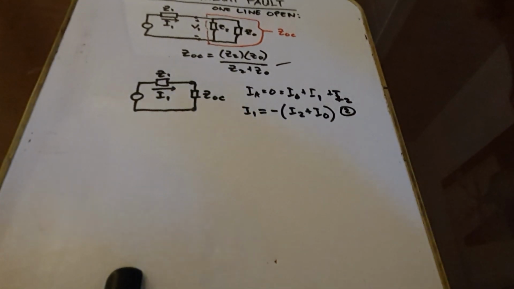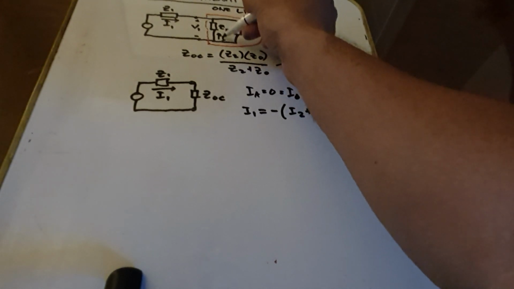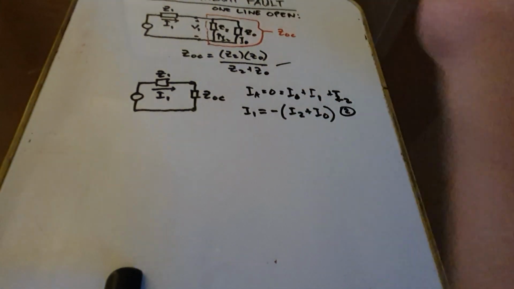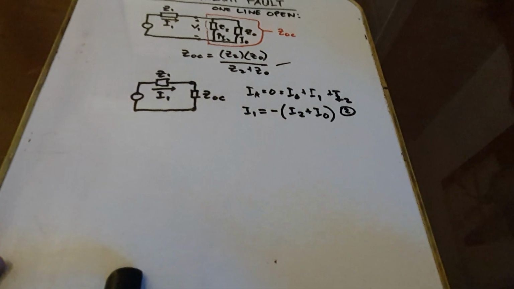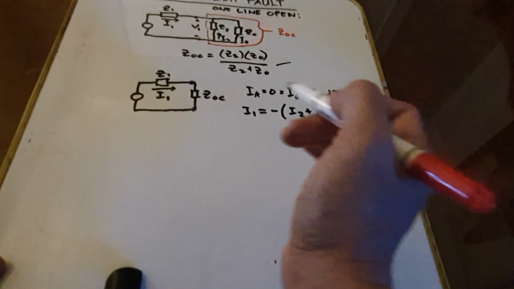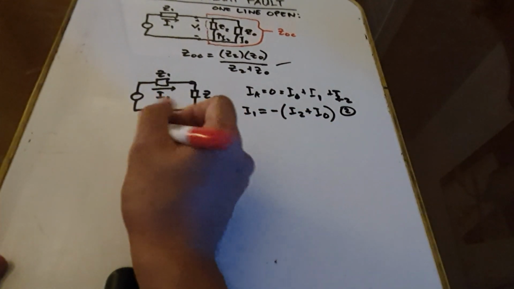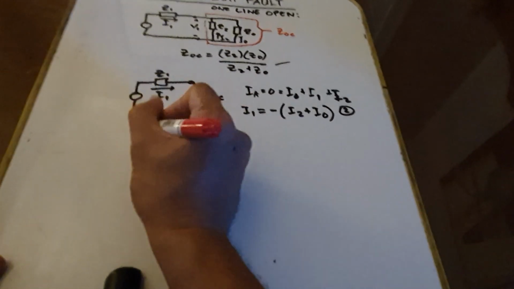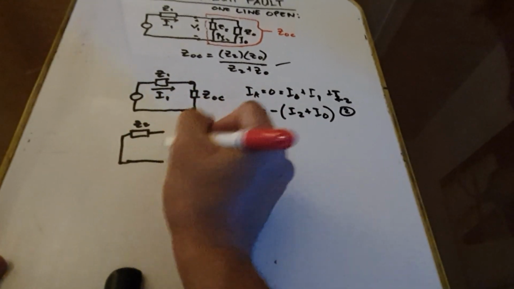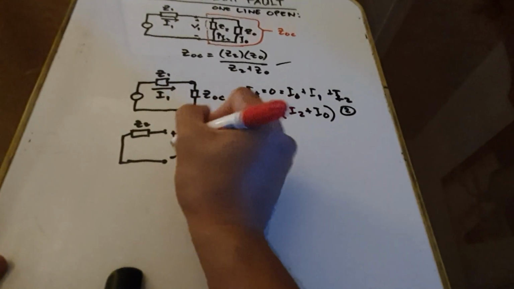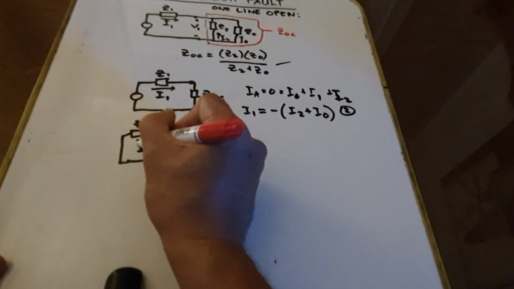Now, for the I2 and I0, from the sequence network, before the open circuit happens, they are uncoupled. So from the sequence network, the negative sequence network, this is Z2, and this is I2.